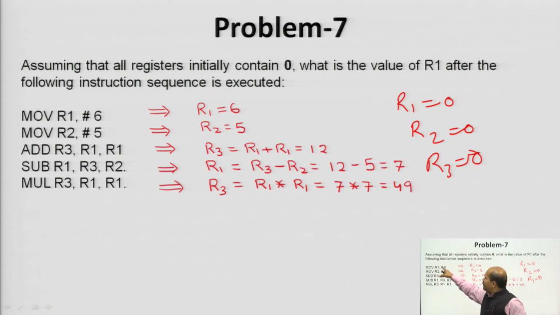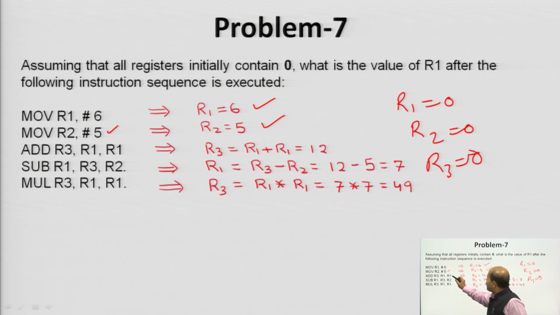In the first instruction, we are moving the value 6 to register R 1. So, R 1 equals 6. In the next step, we are transferring the value 5 into R 2. So, R 2 will be equal to 5. In the next instruction, R 3 equals R 1 plus R 1.